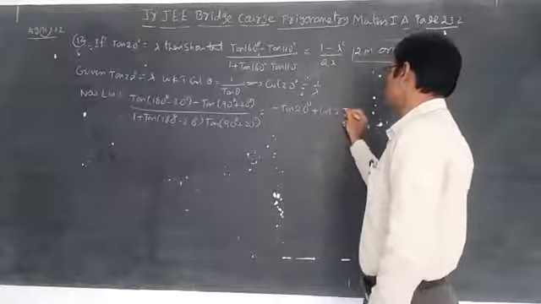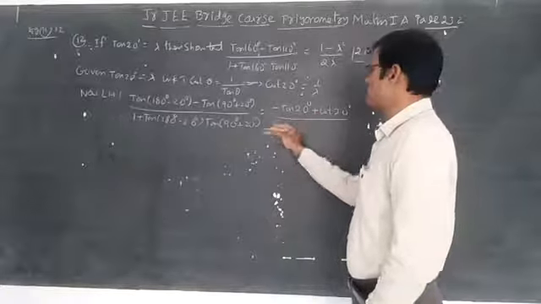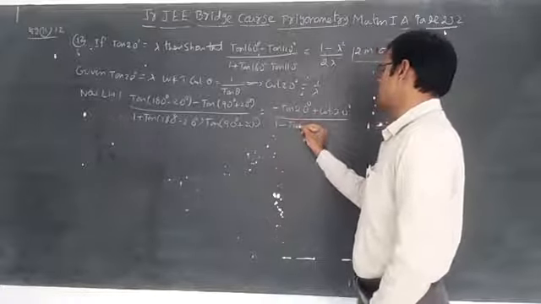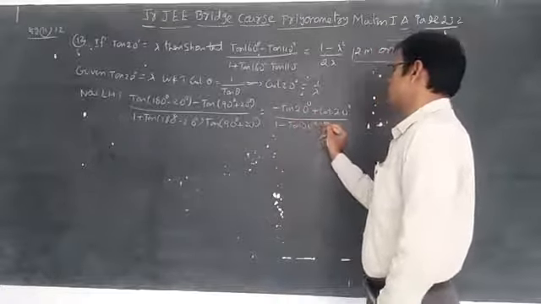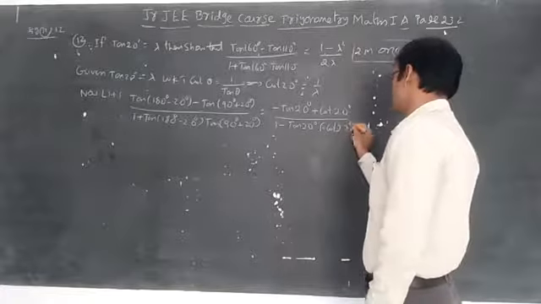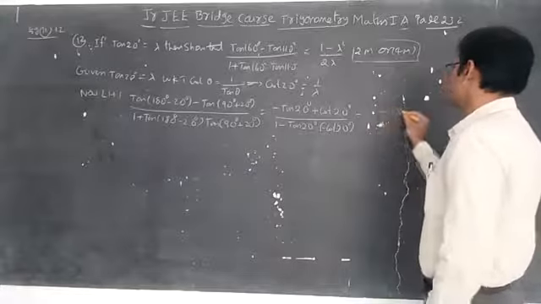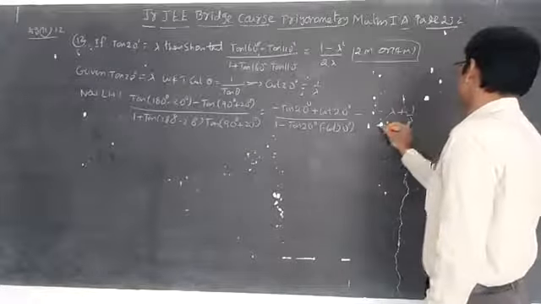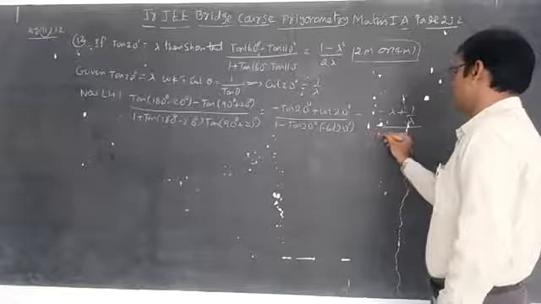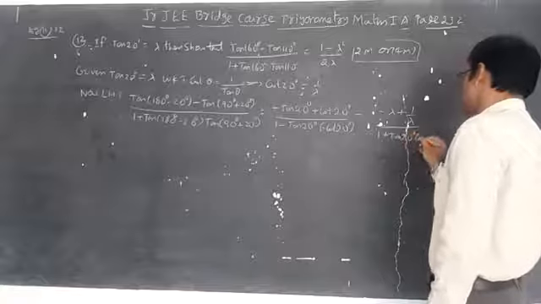You can write cot 20 degrees whole by 1 plus, again tan (180 minus theta) becomes minus tan theta, so tan 20 into the same sign here, minus cot 20 degrees you can write. That is equal to minus lambda plus 1 by lambda, whole by 1 minus of minus, tan 20 into cot 20.